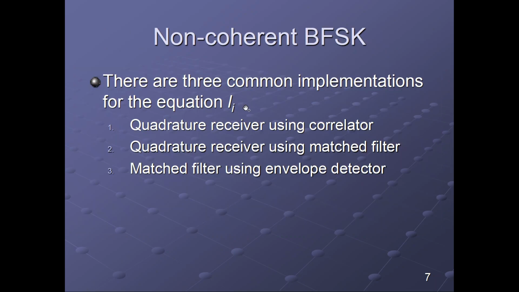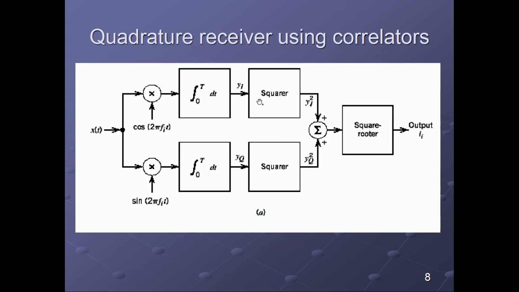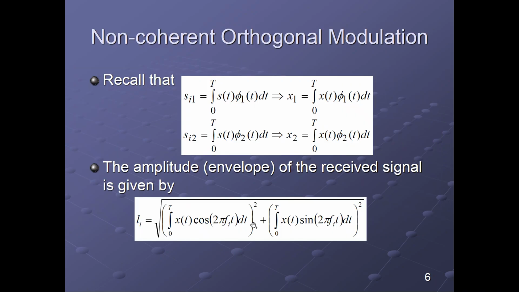Then, based on the equation here, there is a square, so you need a squarer, and you get y in-phase squared, and here you get y quadrature squared. Then you sum them.